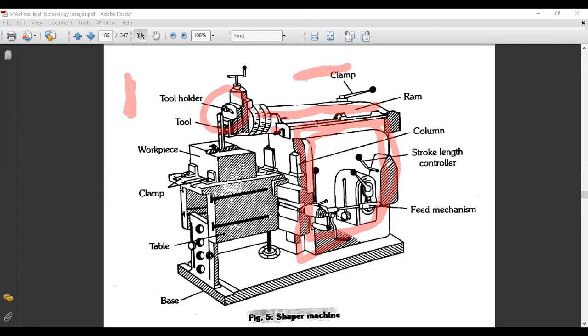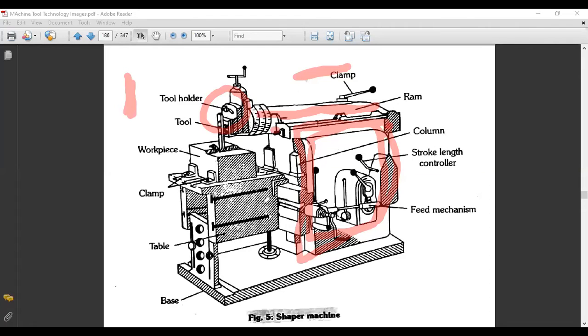So the shaper machine is just like a slotting machine, but it cuts the workpiece with a horizontal movement of the tool, whereas the slotting operation is performed by vertical to-and-fro motion.